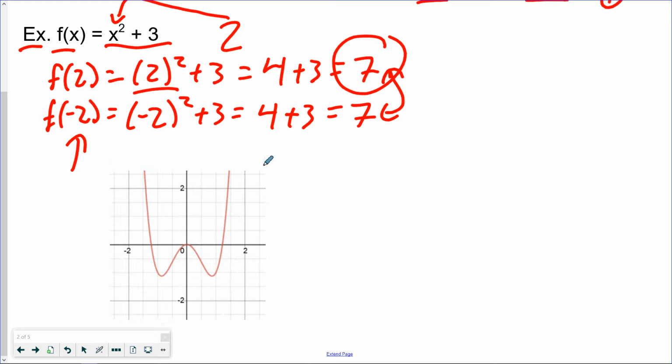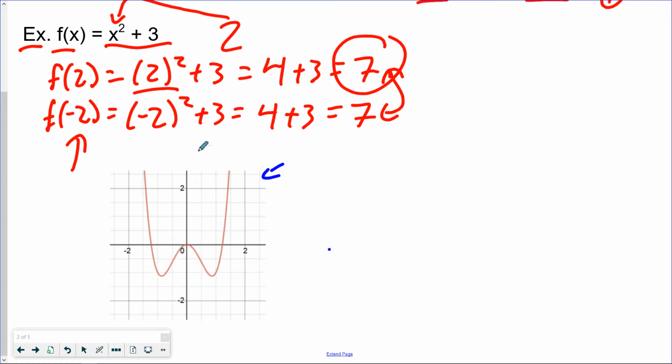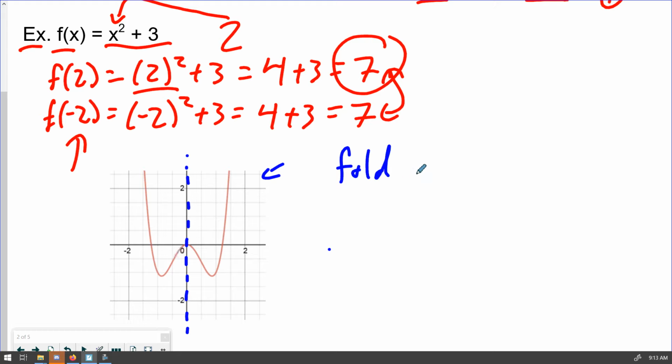If a graph is even, what you can do is take your whole graph, and if you fold it on the y-axis, the left side of our graph is going to look exactly like the right side of our graph, just flipped.